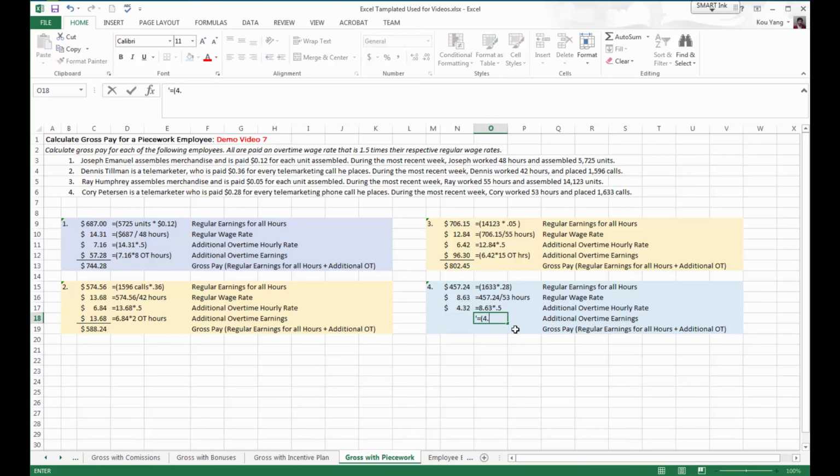Then I can take that $4.32 and multiply it by the number of hours that he worked overtime, which is 13 hours, for a total of $56.16 for additional overtime earnings. So my gross pay for Corey Peterson is $457.24 plus his additional overtime earnings of $56.16, for a total of $513.40 for his gross pay.